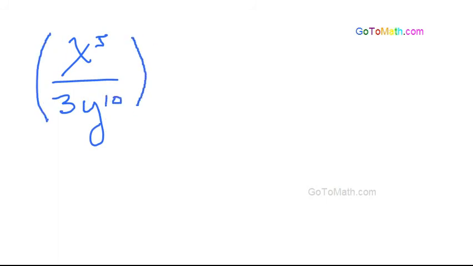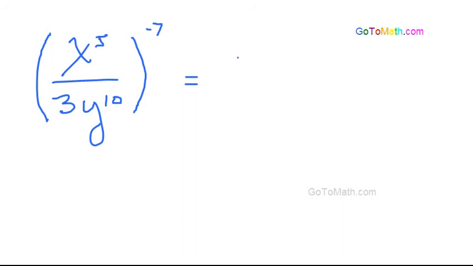So hopefully you're getting the hang of it. X to the 5th over 3y to the 10th, and that's all over negative 7. Okay, so what are we going to do?